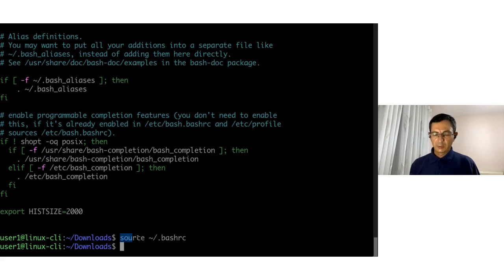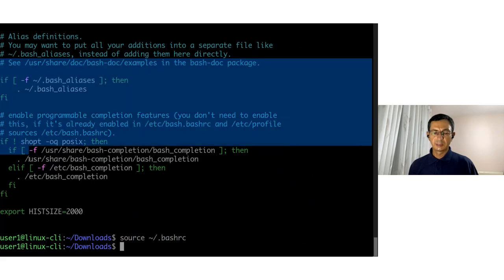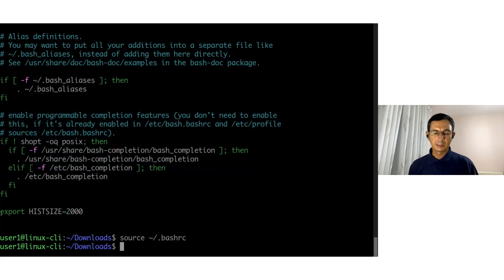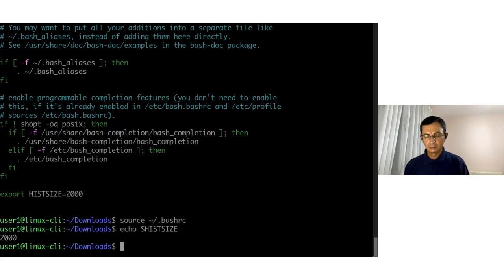This command source is going to include this configuration file in the current shell, which means that all these lines will be executed one by one, and the last line is this one, and so the hist size will have the new value. It has the new value that we gave it.